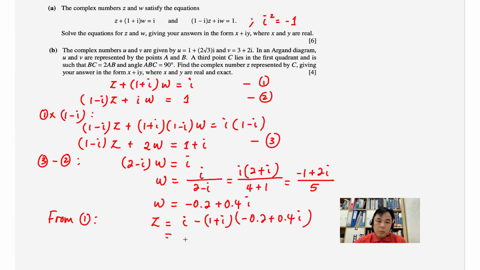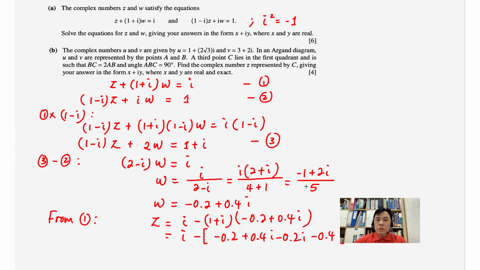With a bit of expansion, I better put a square bracket there in case I make a mistake. We have 0.2, and then 0.4i minus 0.2i, and finally we have 0.4 there.